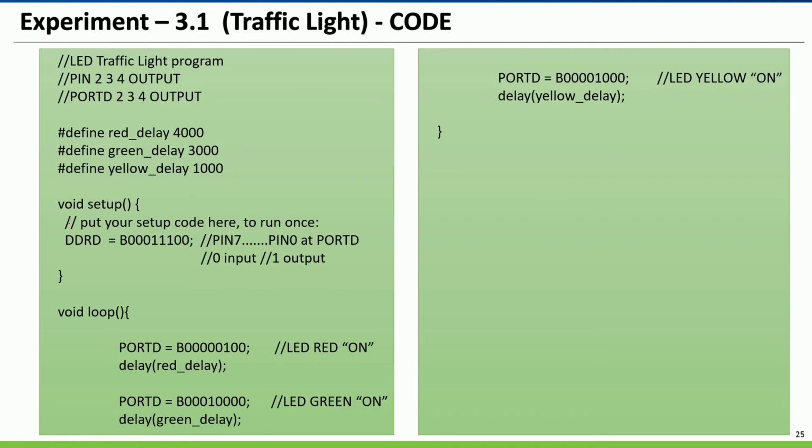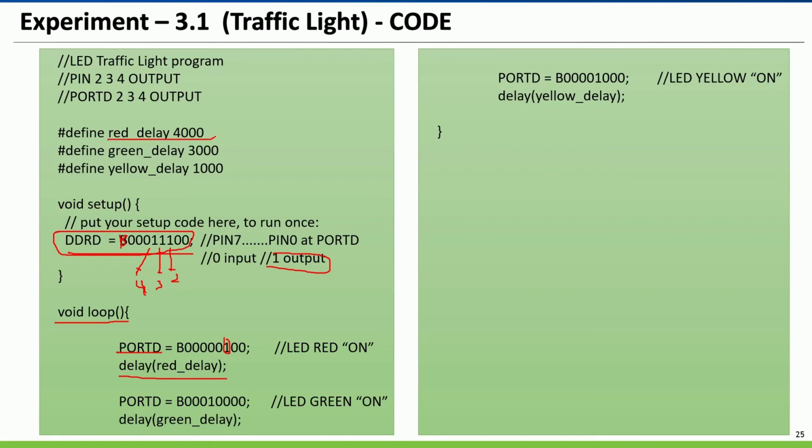This one is using the byte function. I told you this one is for register setting. For pin 2, pin 3, pin 4, you set output, so you set 1. You just write capital B in here for the binary function. And for looping, you just simply set high using PORTD, high 1, and then delay.